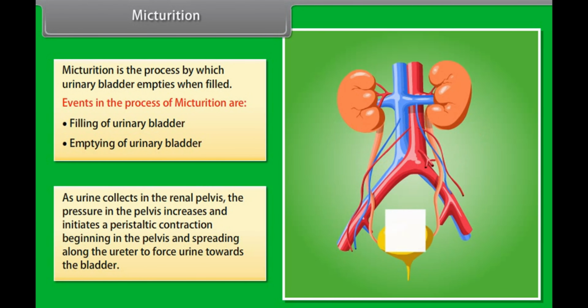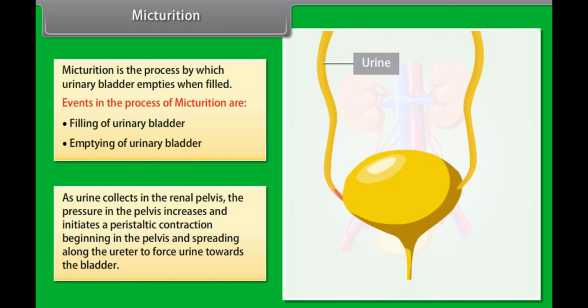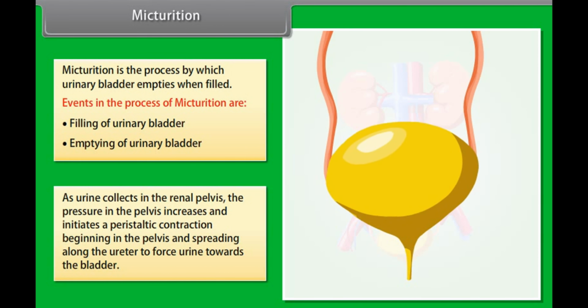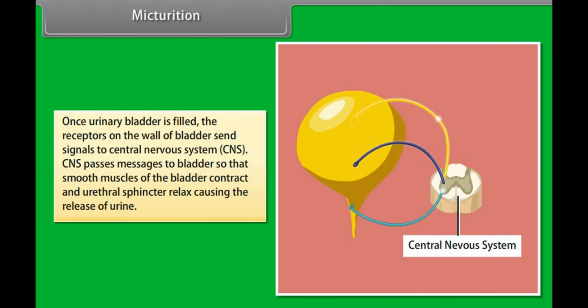As urine collects in the renal pelvis, the pressure in the pelvis increases and initiates a peristaltic contraction beginning in the pelvis and spreading along the ureter to force urine towards the bladder. Once the urinary bladder is filled, the receptors on the wall of the bladder send signals to the central nervous system. The CNS passes messages to the bladder so that the smooth muscles of the bladder contract and the urethral sphincter relaxes, causing the release of urine.